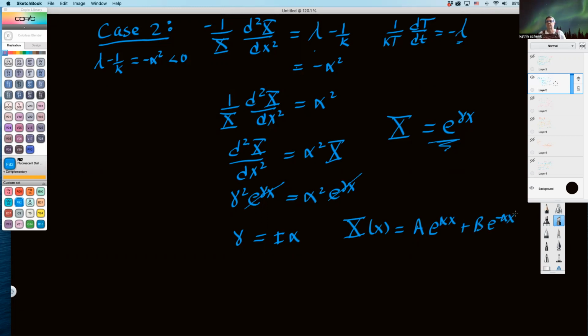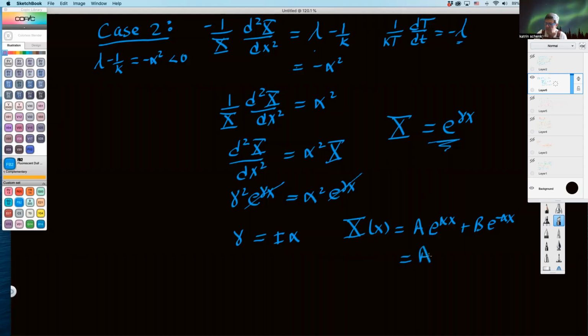Now, this is the solution. Now, WebAssign may not want that. Remember, when you have solutions like this, there are other ways to write it. In this case, because this is real, these are actually real exponentials, a growing exponential and a dying exponential. You can write this as sinh and cosh, and in fact, that's what it wants.